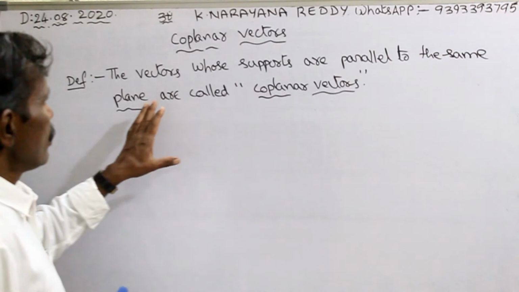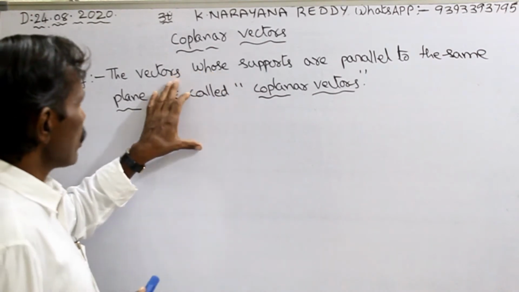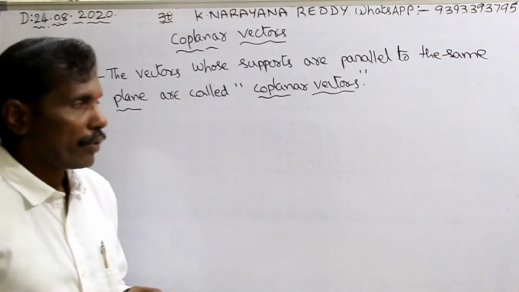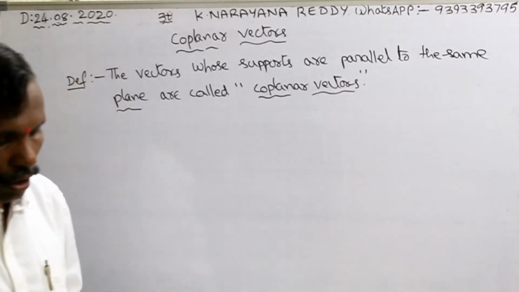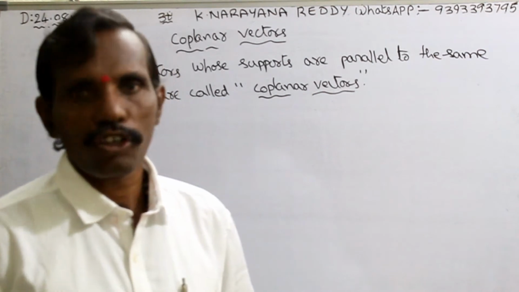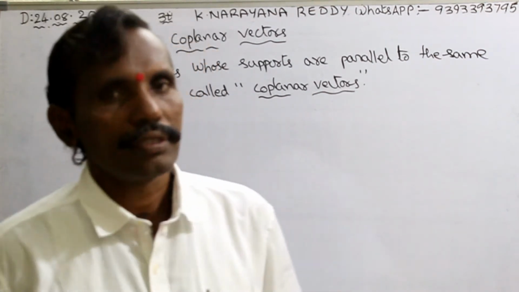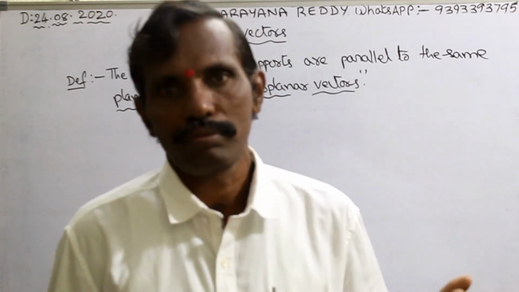See here, the vectors whose supports are parallel to the same plane are called coplanar vectors. So coplanar or non-coplanar vectors arise only when there are non-zero vectors, more than 2.